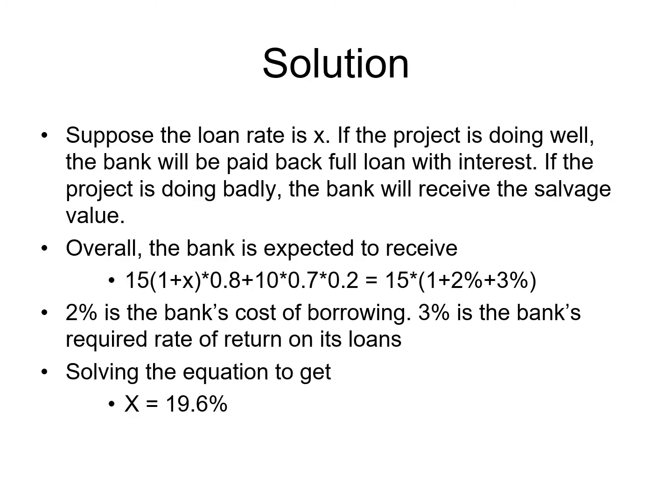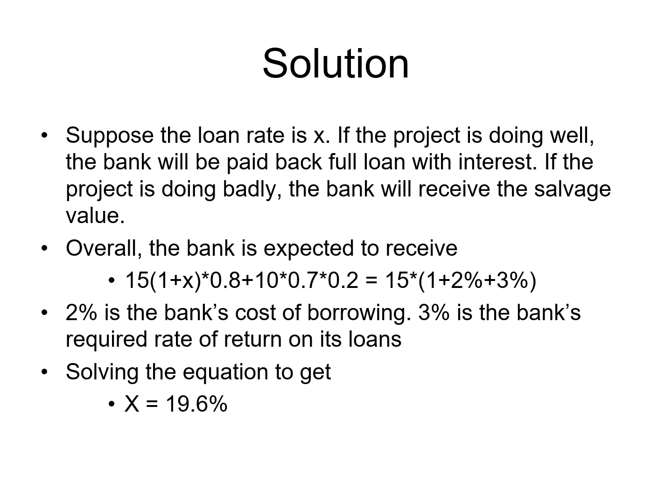Solution. Suppose the loan rate is X. If the project is doing well, the bank will be paid back the full loan with interest. If the project is doing badly, the bank will receive the salvage.